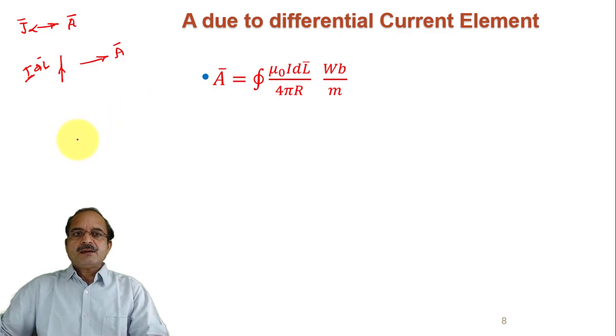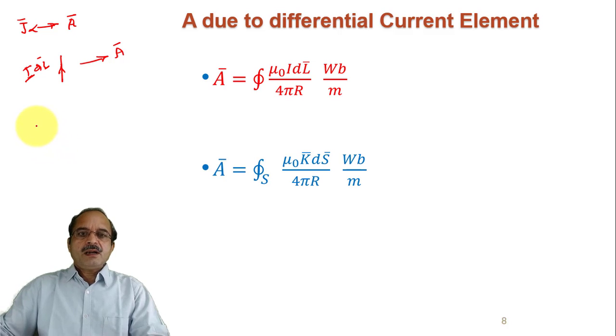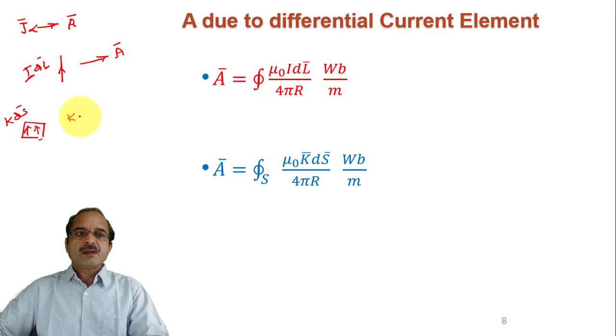In the same manner, if this current element is a sheet of current K dS, the current flowing through this sheet of current, K is the current density in ampere per meter.